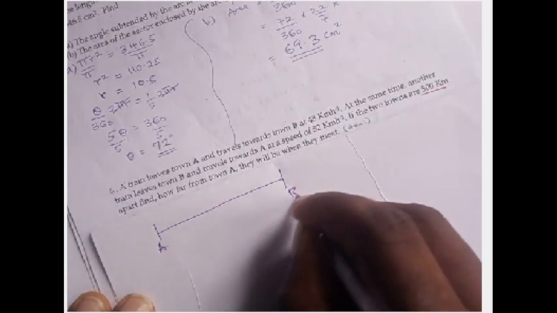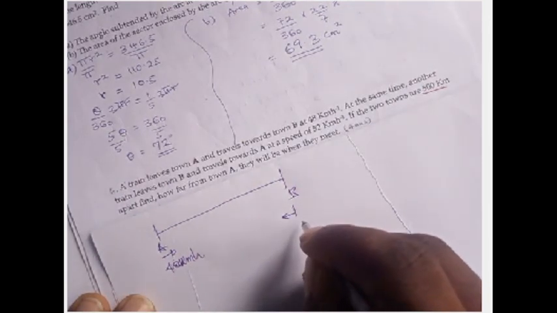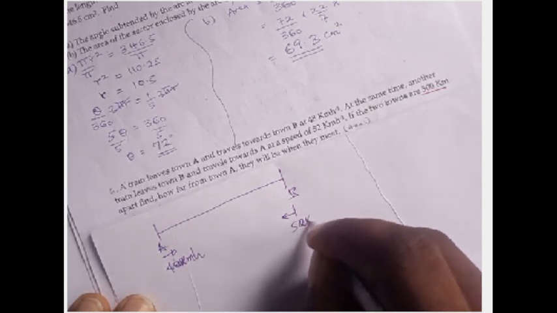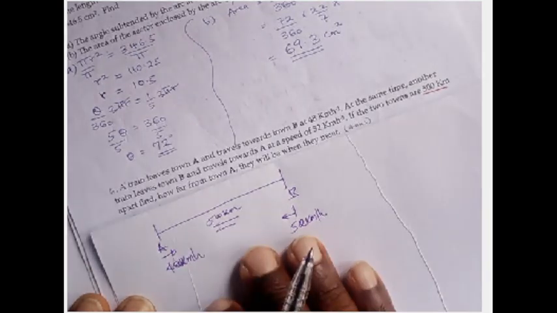If we illustrate, this is town A, this is town B. At town A, we have a train which is moving at 48 kilometers per hour. Another train leaves town B at the same time and travels towards A at an average speed of 52 kilometers per hour. If the two towns are 500 kilometers apart, find how far from town A they will meet.